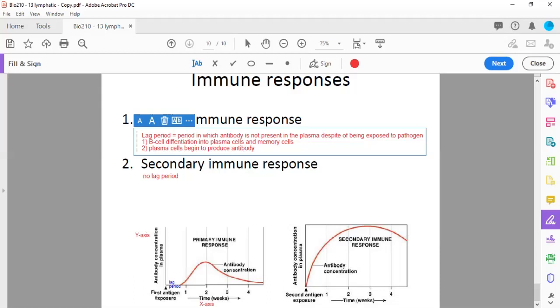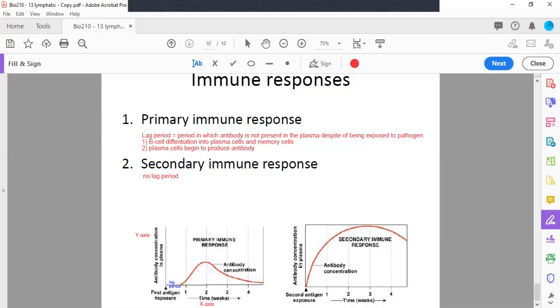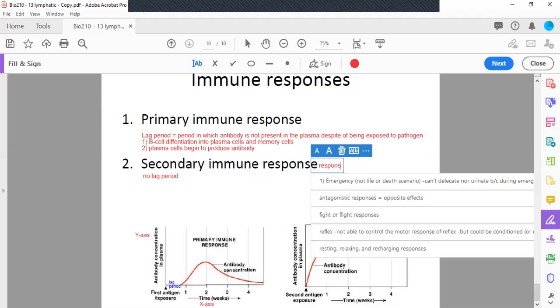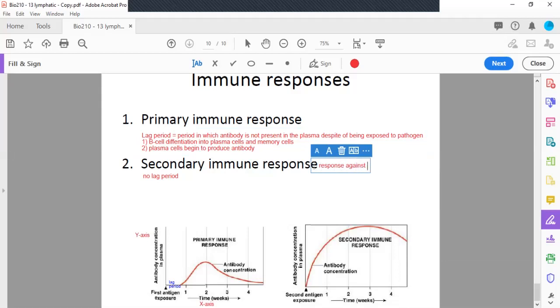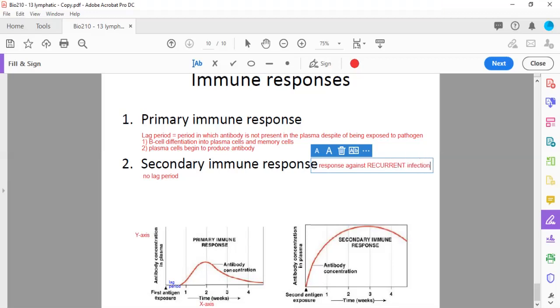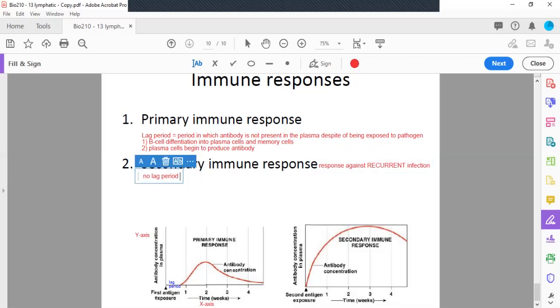Now, the secondary immune response means the immune response against recurrent infection. That means you are fighting off the same infection. So there's no lag period.